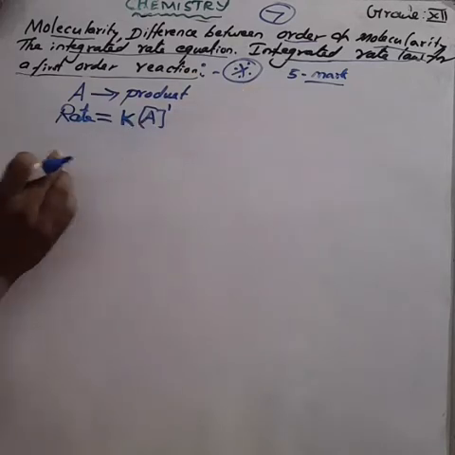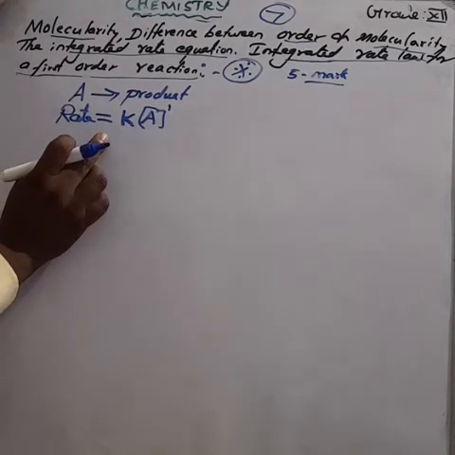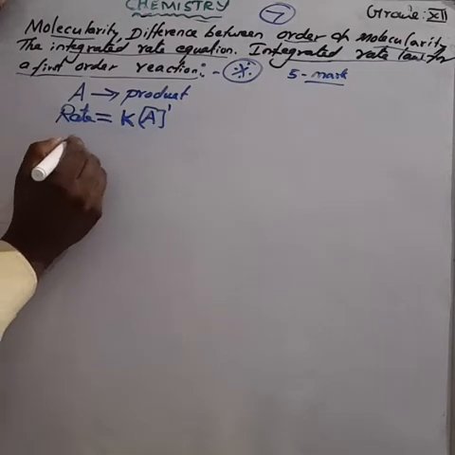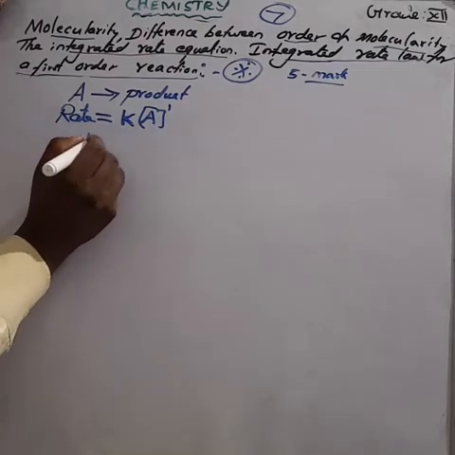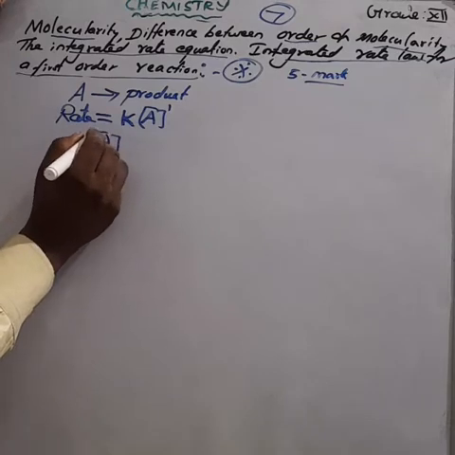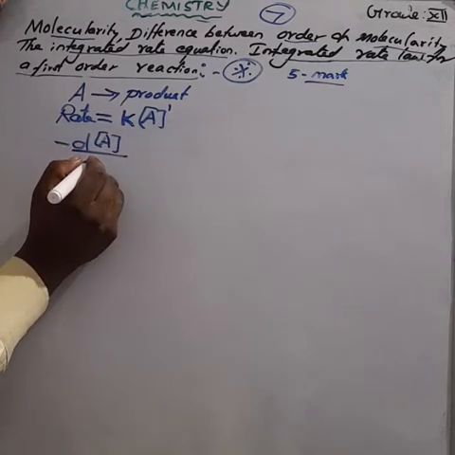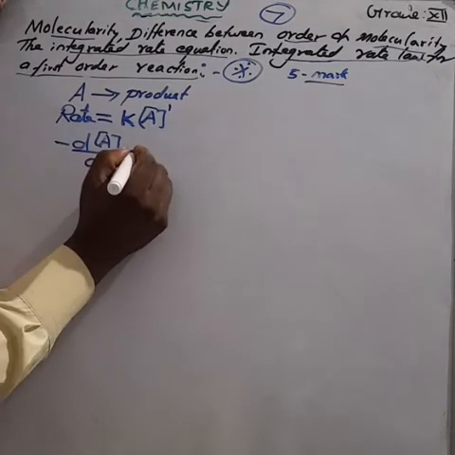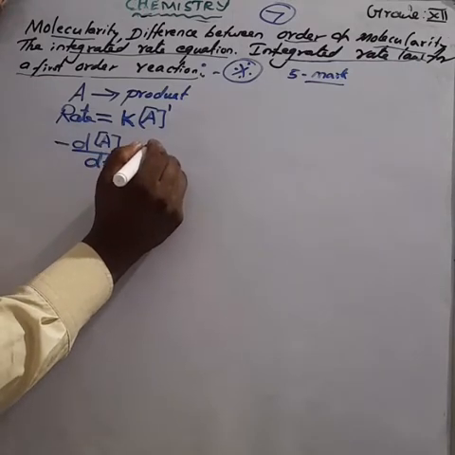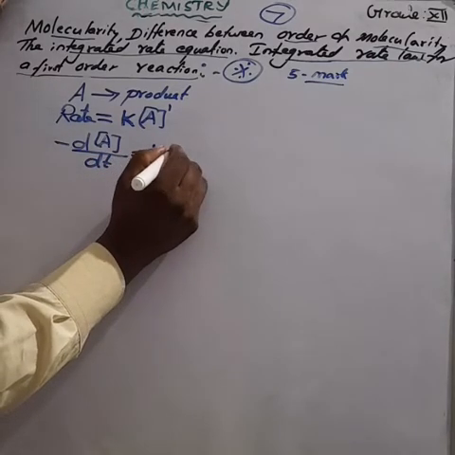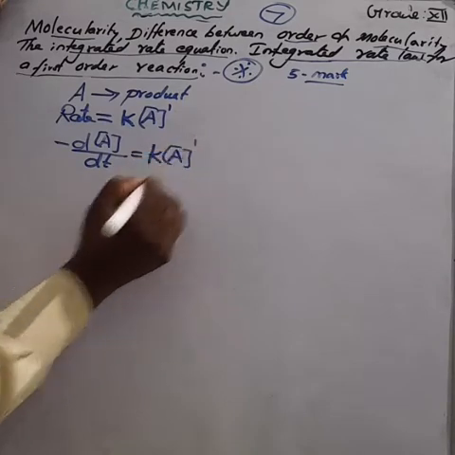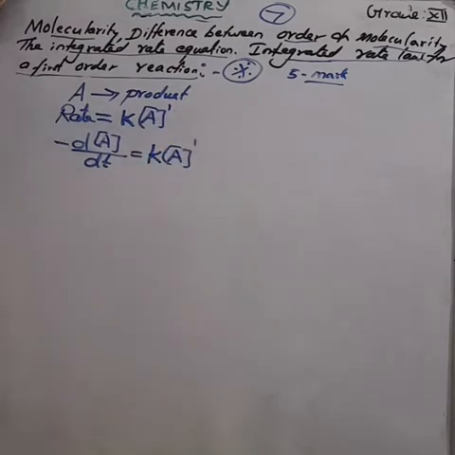How will you write the differential equation? That is, negative d[A] divided by dt is equal to k[A]^1, the concentration of A to the power 1, which denotes the first order reaction.